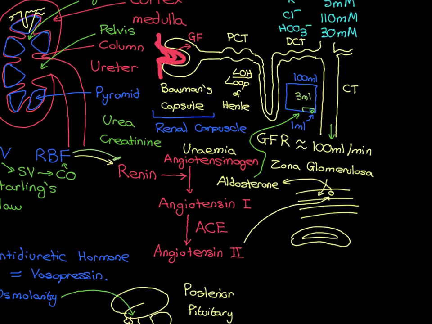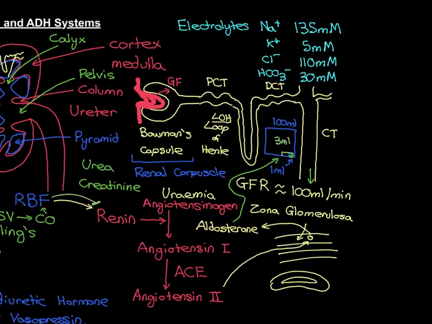So with regards to the urine that you're producing, just put in the normal amount of electrolytes, i.e. put in these concentrations of the electrolytes, because if you do that, then the osmolarity of the rest of the fluid that is remaining in the bloodstream is not going to be altered, because we are excreting the same concentrations of electrolytes in our urine as we had in our blood plasma.